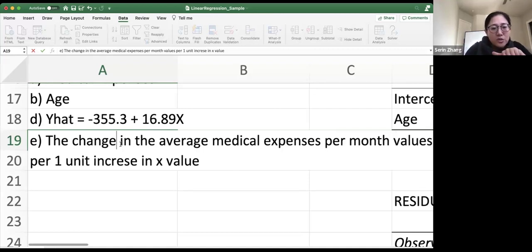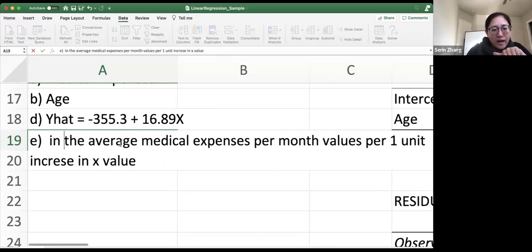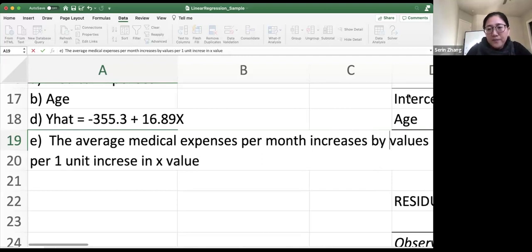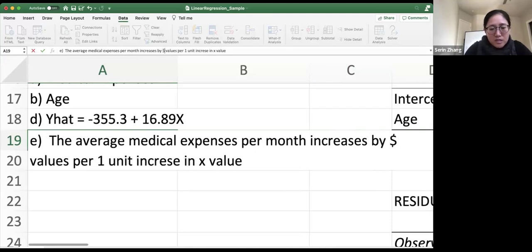It increases. So you can say the average medical expenses per month increases by 16 dollars and 89 cents, 16.89, per 1 unit increase in X value.